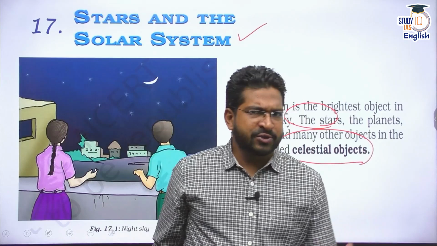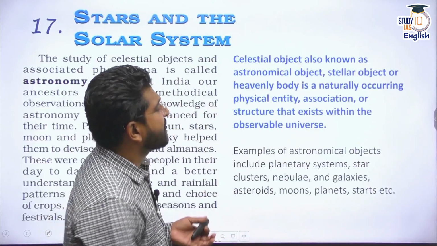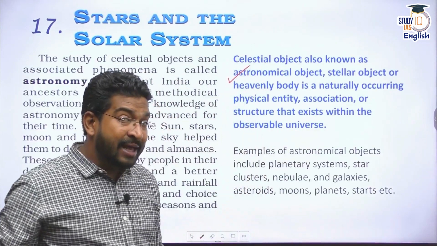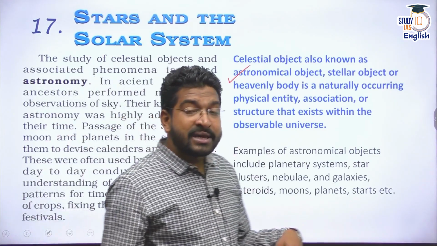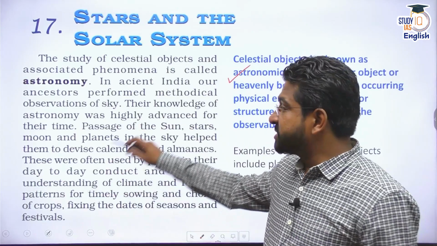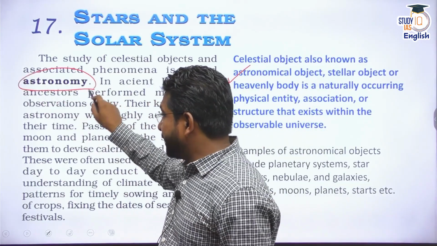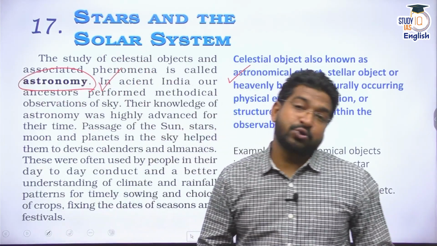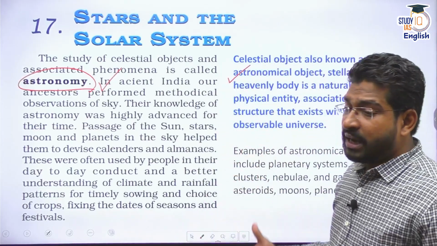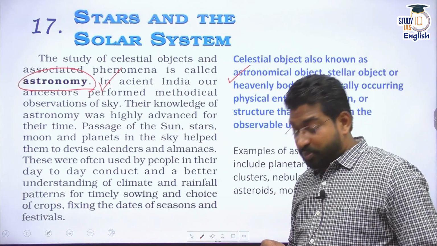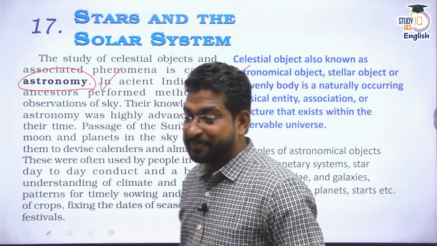There are other terms also for this, celestial objects, or they're also called astronomical objects or stellar objects or heavenly bodies. And the study of these is called astronomy. I'm quite sure you must have read in your history that India was very well known in its astronomy, right? Talk about Aryabhatta, talk about Bhaskara, talk about other sages or other persons, experts in astronomy.